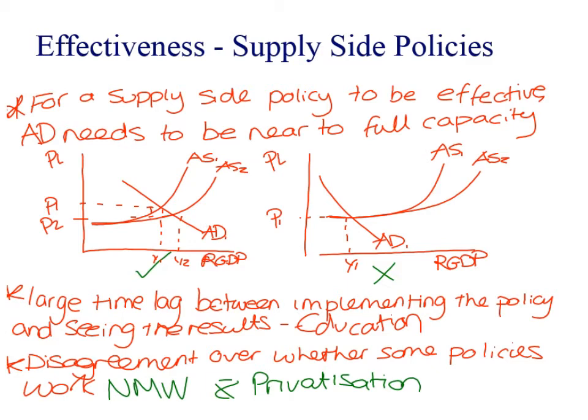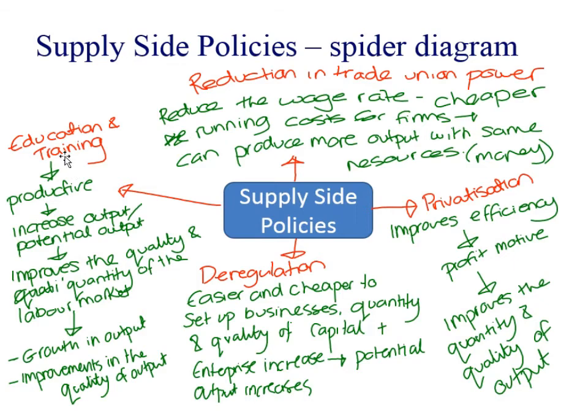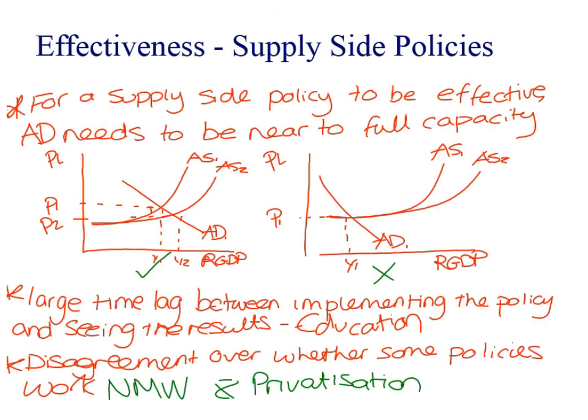There's also a really big time lag between some of these things. If we go back to education and training: if you change primary education, you're only going to see the effectiveness of that in terms of productivity increases in, I don't know, 20 years' time.